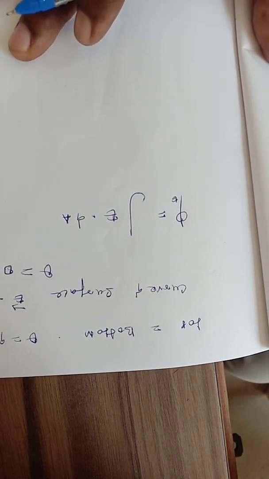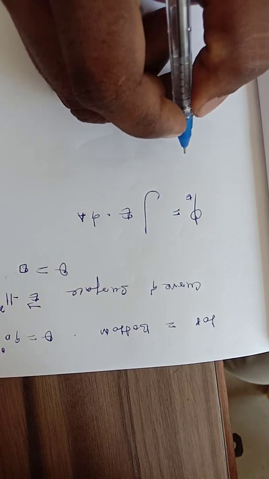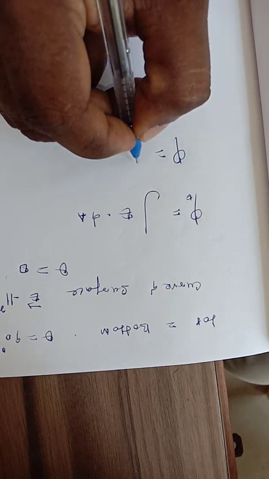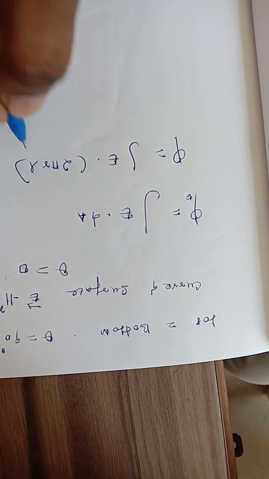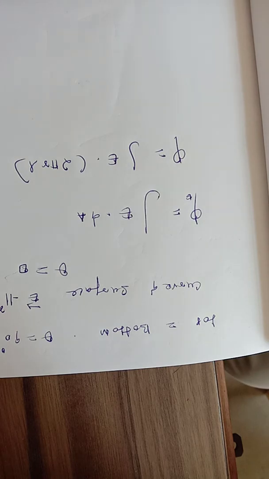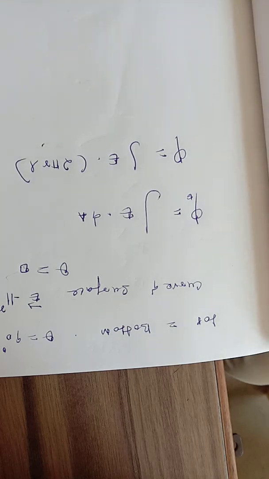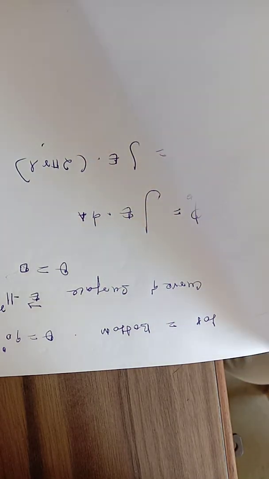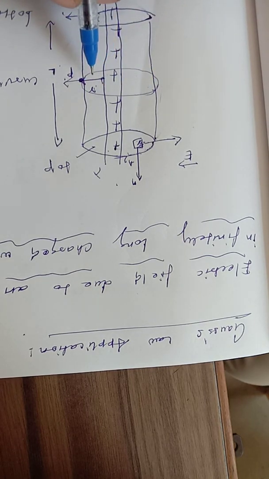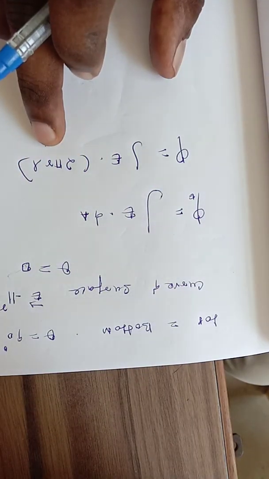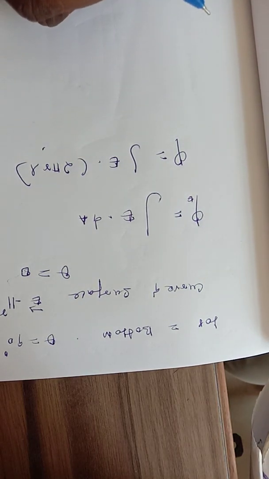The electric flux through the curved surface is phi equal to E times the area. The area of the curved surface is 2 pi r L. E and dA are at right angles for the plane caps, so the electric flux through the plane caps is 0.